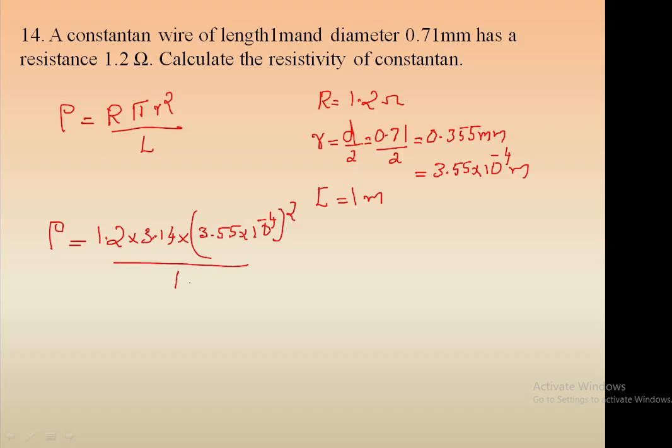Okay, so after the calculation, you will obtain the value of the resistivity of the constantan wire as 47.48 into 10 raised to negative 8 ohm meter. Now this is the value of the resistivity of the constantan wire.